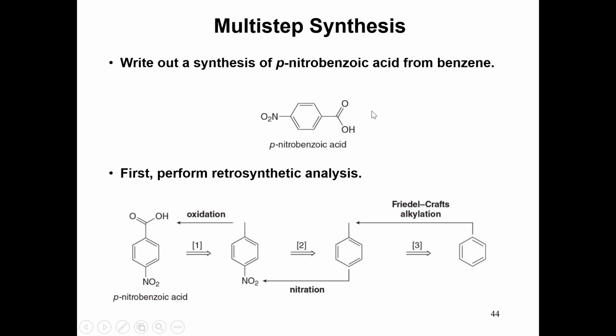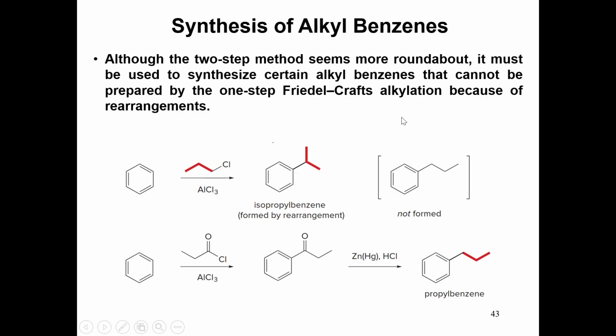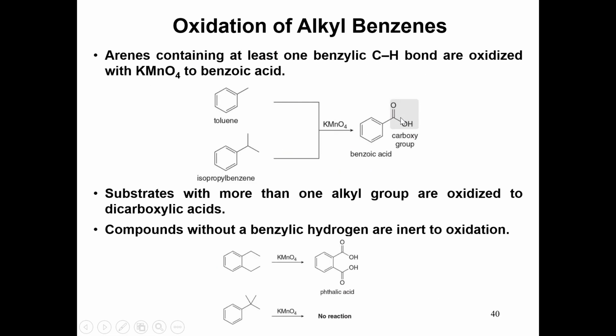For the acid group, the only reaction we learned in this chapter to make benzoic acid is probably what we just discussed, the oxidation reaction. Let me show you. For the oxidation reaction, we have to introduce an alkyl group first, then do the oxidation reaction, and then we are going to have the carboxylic acid group.